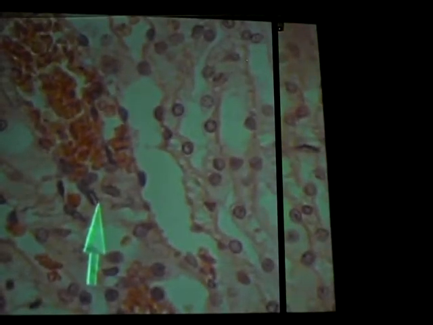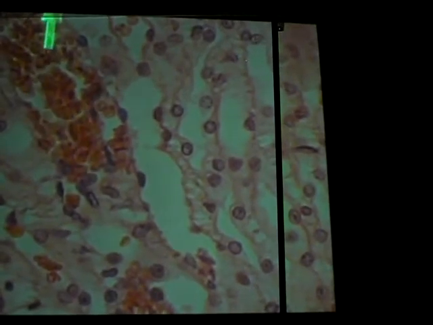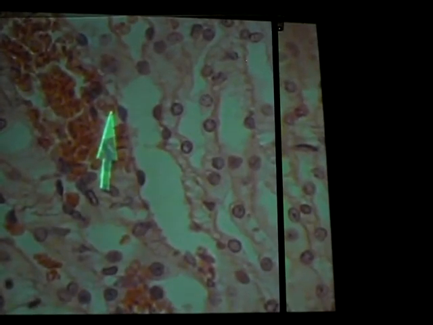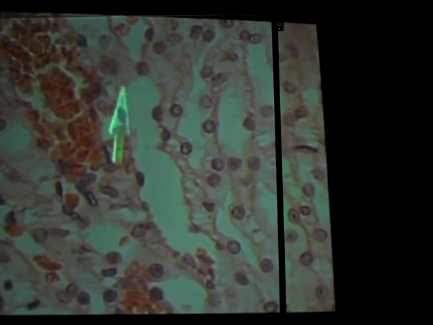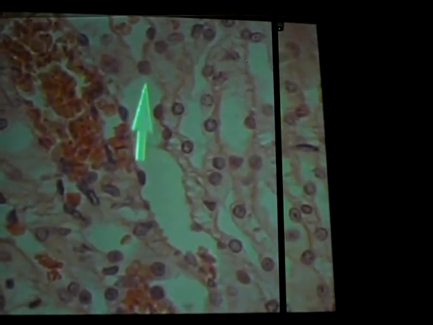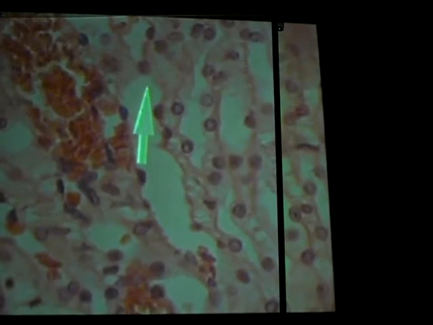Here's a good one. Notice this one, we know this is a blood vessel because we see all these red blood cells. Here we see this space, we can see the nuclei of the simple squamous epithelium bulging into the lumen. So this would be a thin loop of Henle with the simple squamous epithelium.